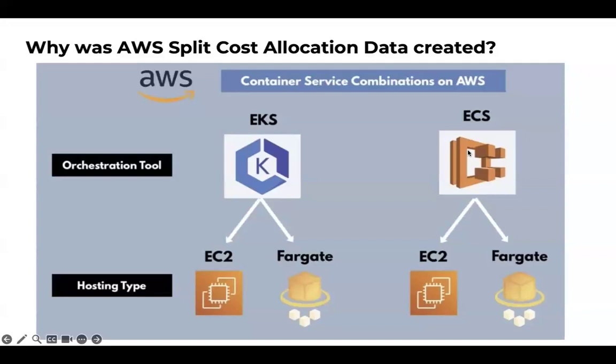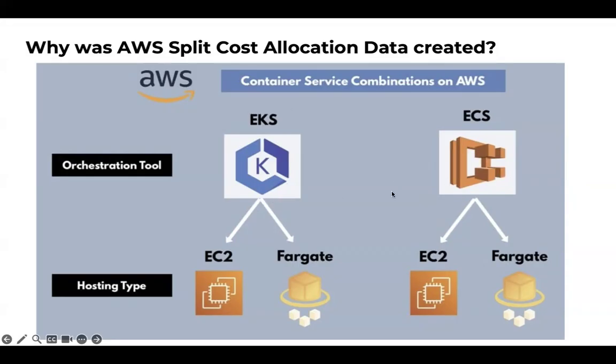AWS has really two ways in which you can run containers on the infrastructure. The first is using an AWS-specific orchestrator called Elastic Container Service, ECS. And the second is using an industry standard orchestrator, which is Kubernetes-based, called Elastic Kubernetes Service.